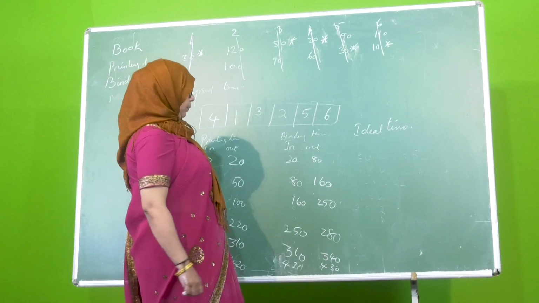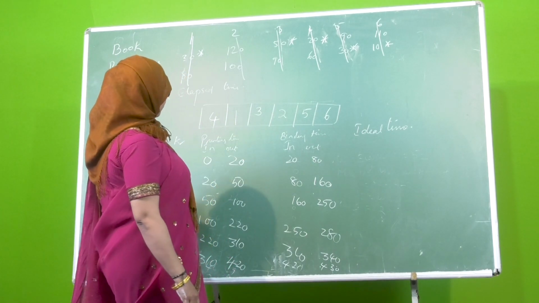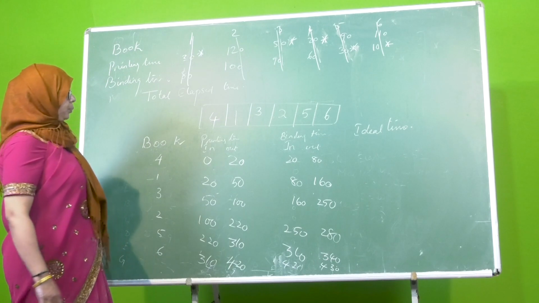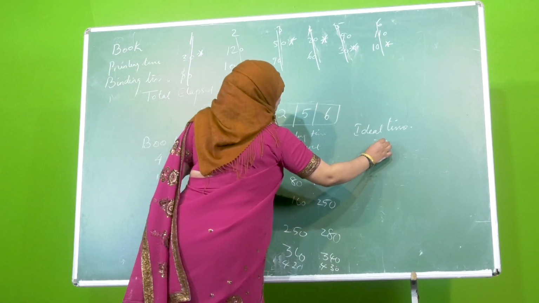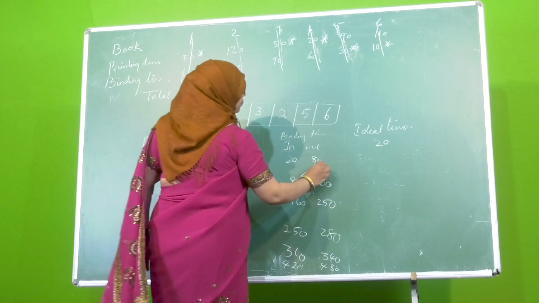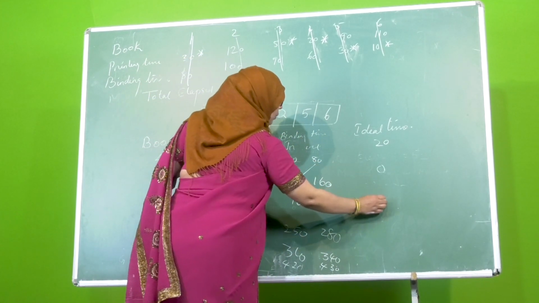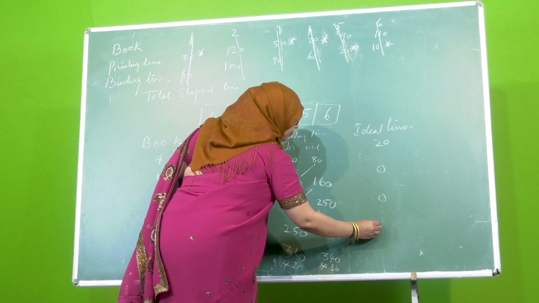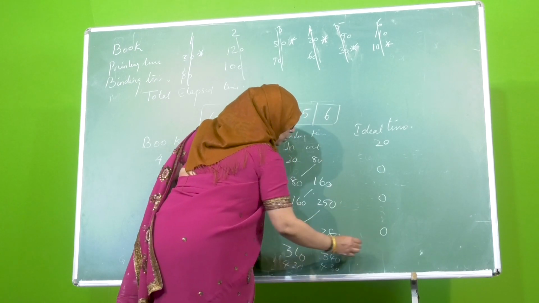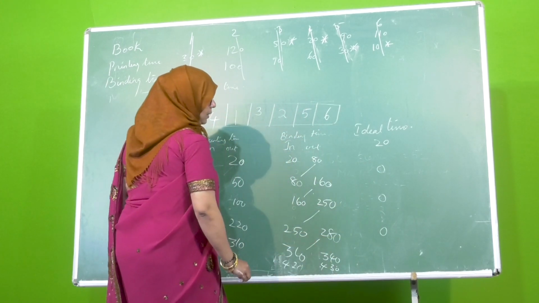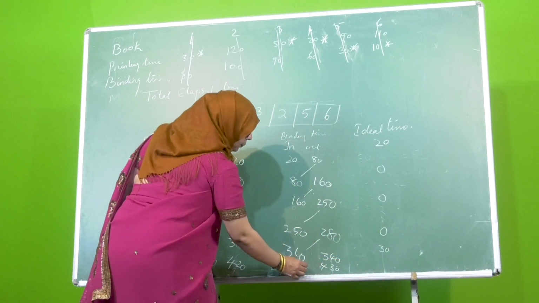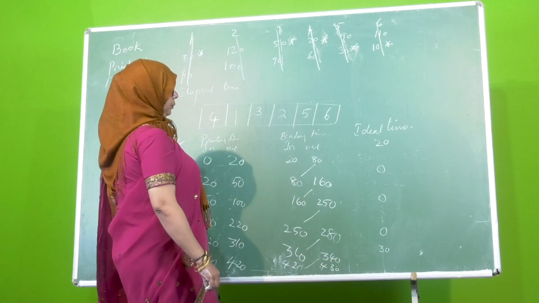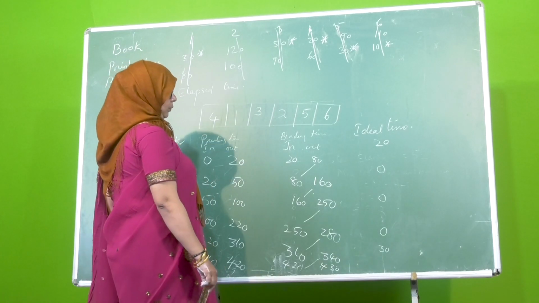So ideal time. What is the ideal time? Twenty, 0, 0, 0. That is 30, and this is 80.